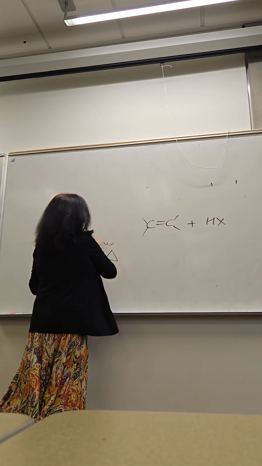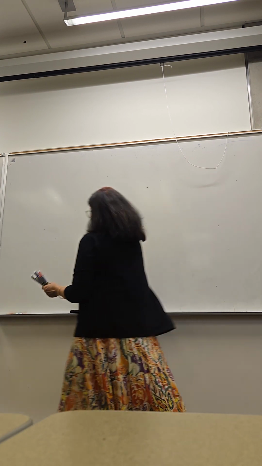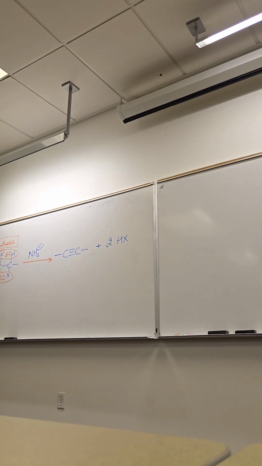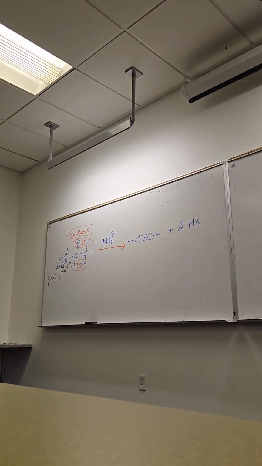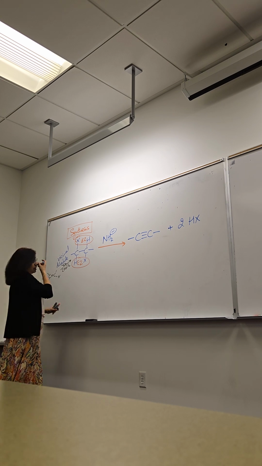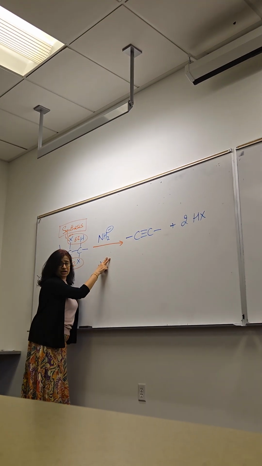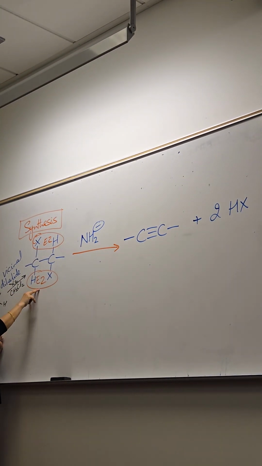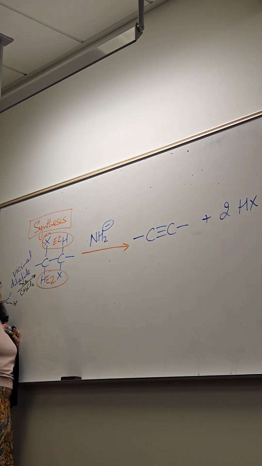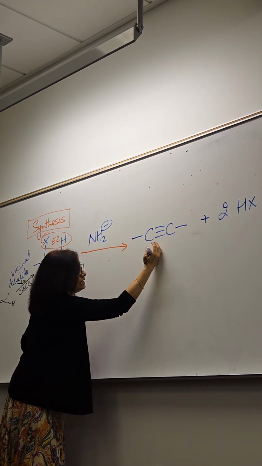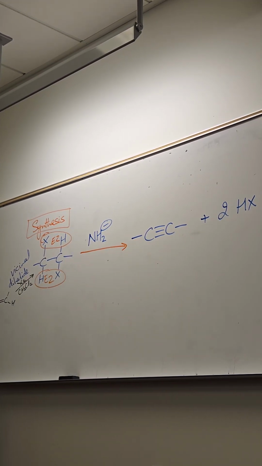A very strong base used for a double elimination reaction, removing 2 HXs to create an alkyne, is an amide ion, an extremely strong base. So using sodium amide, for example, we can carry out 2 dehydrohalogenations and create an alkyne. Does that make sense, everybody?